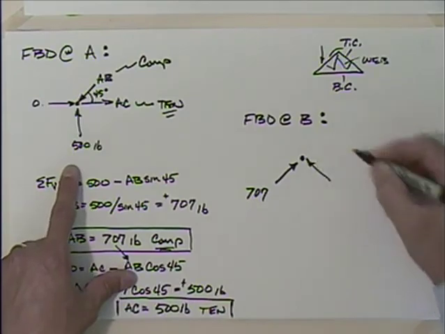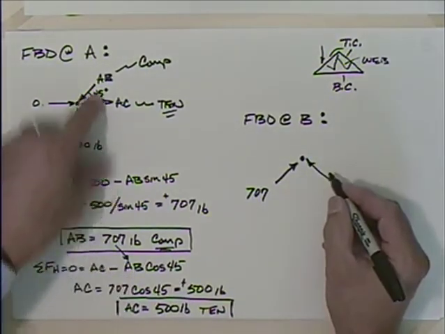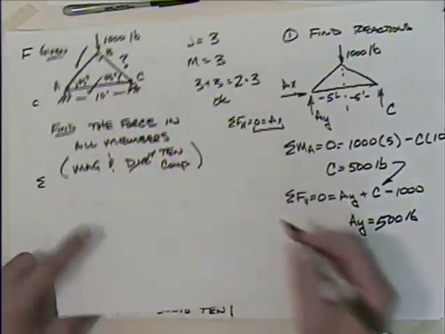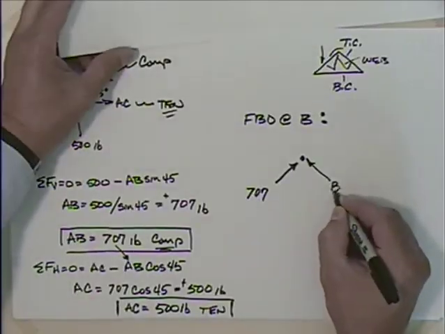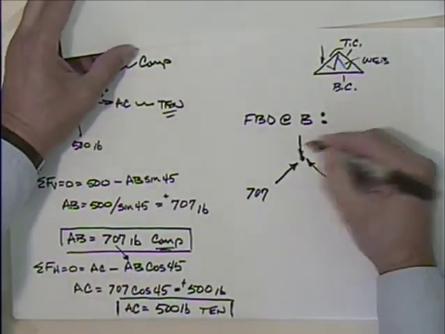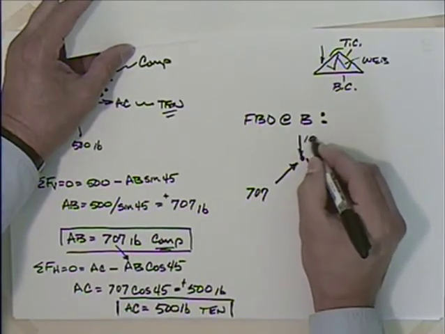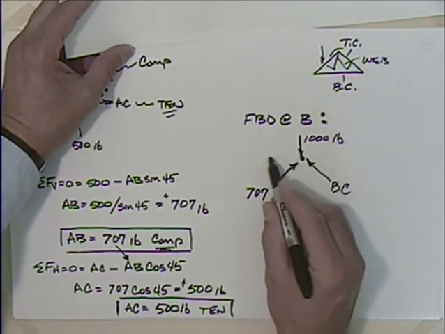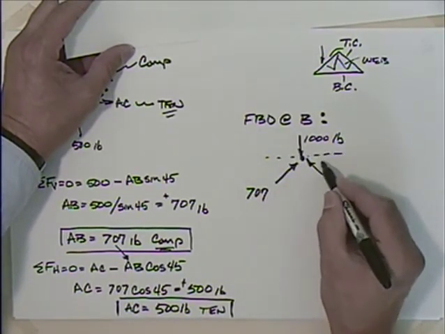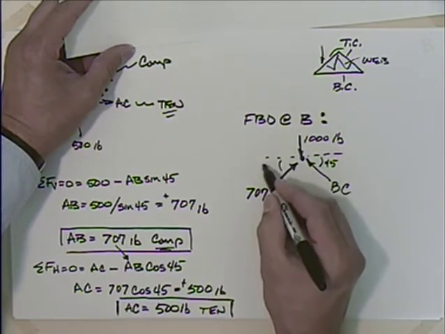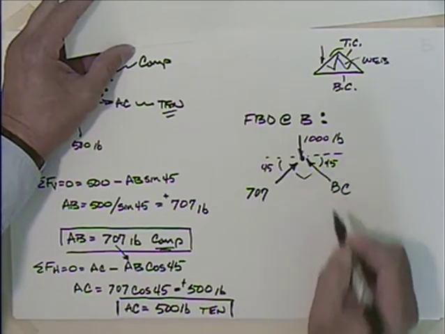I have then this, that's BC, and I have this acting straight down, this 1,000 pounds.